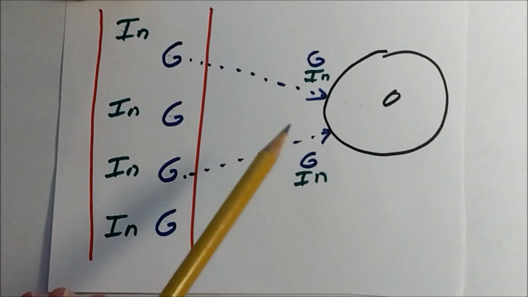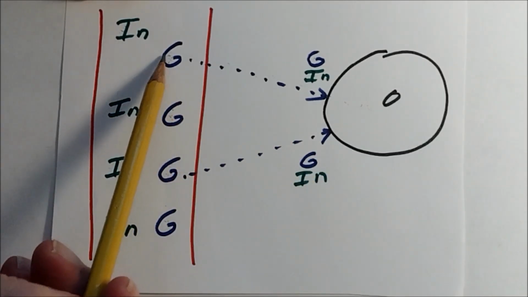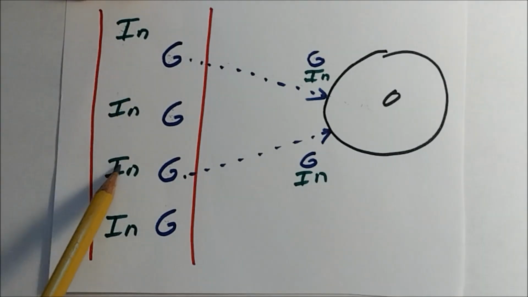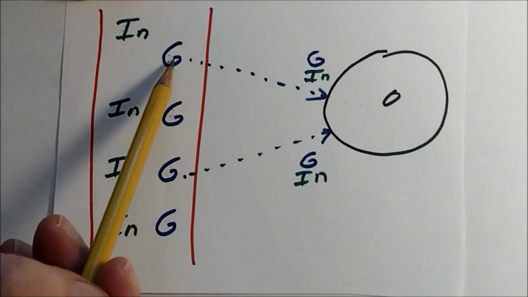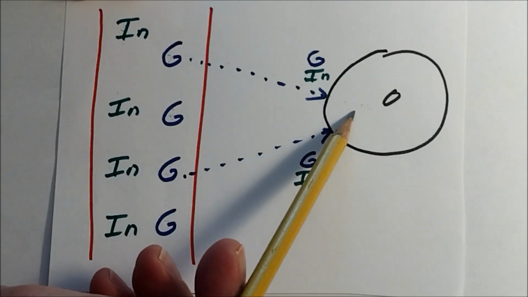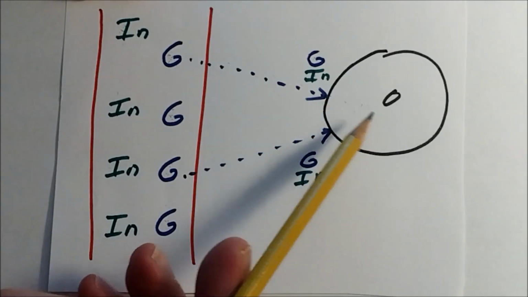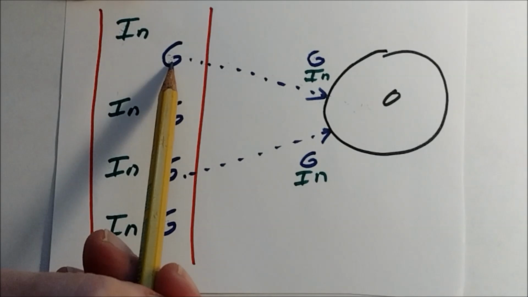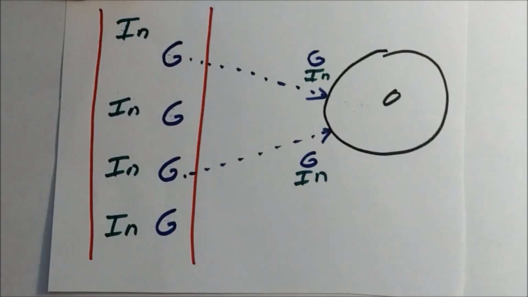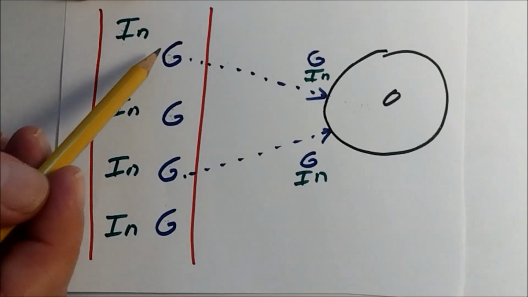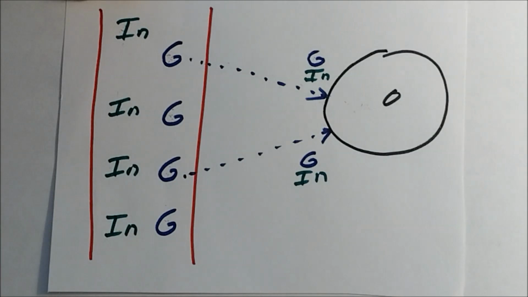Now, if there's no insulin in this person, and this glucose is trying to get inside the cell and can't get in, and the glucose contains energy, do you think this person is going to be full of energy or tired and fatigued all the time? If you said tired and fatigued, you're right, because the energy of glucose is not getting into the cell. That's the first symptom.